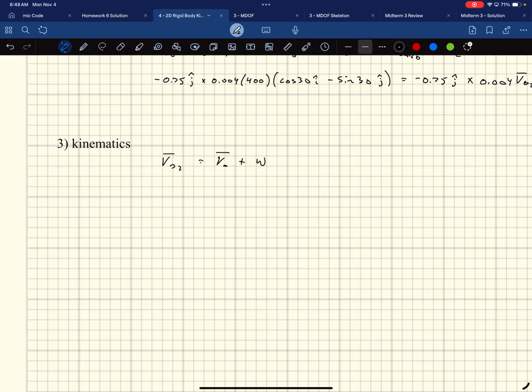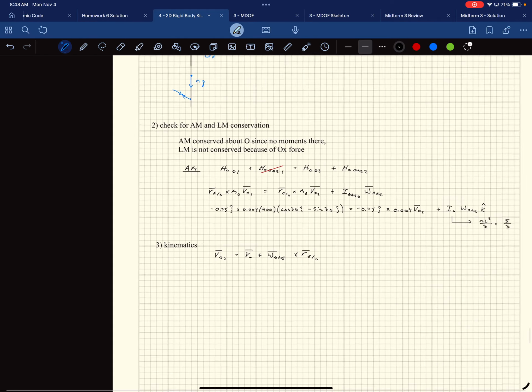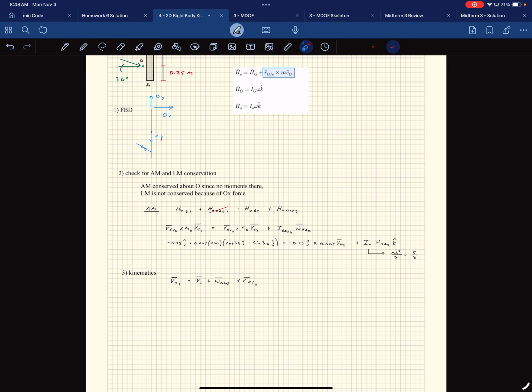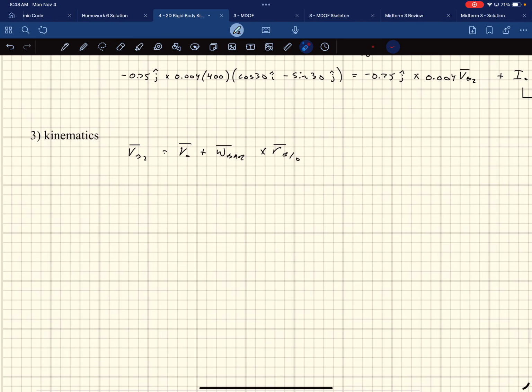And plus omega bar crossed with r_B seen from O. So I'm taking a step from here down to where that bullet's at, and I'm starting at v_O because that's 0. So let's just write out our stuff here.